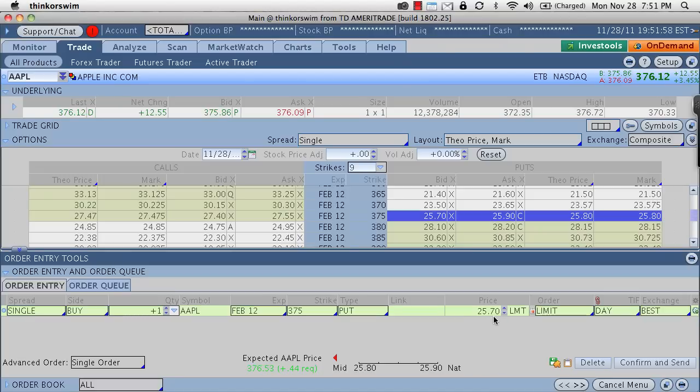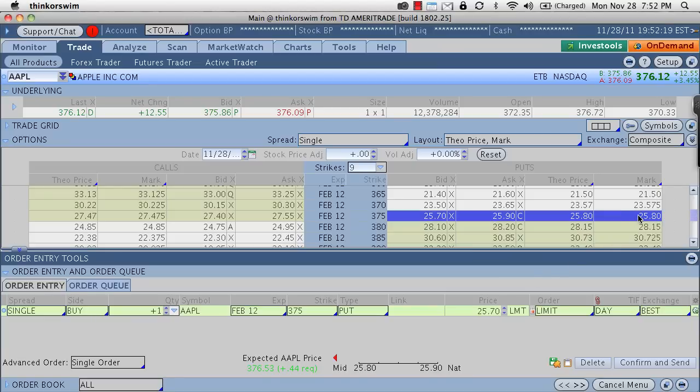And so what this will say to the market is that I know that the Apple option 375 put is currently trading at 25.80, but I am not going to pay any more than 25.70. So this order will go into the market and will be working all day, looking for a buy price of 25.70.